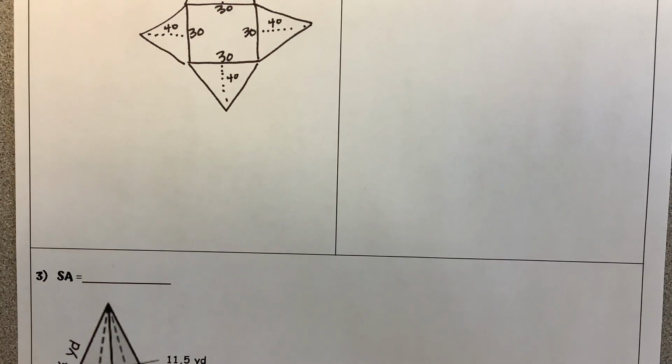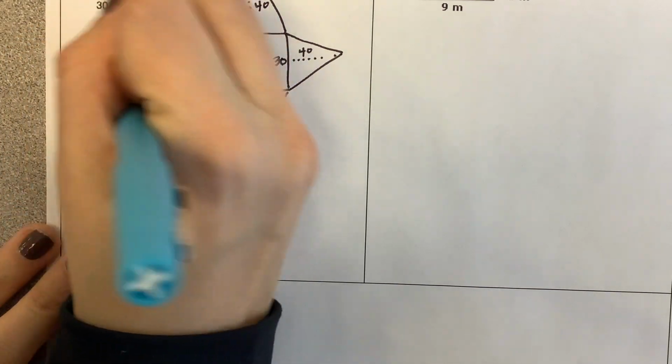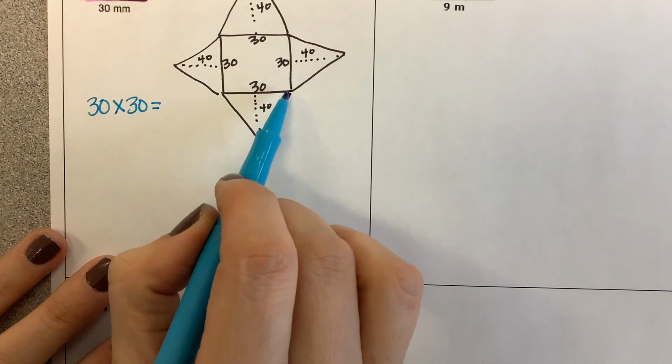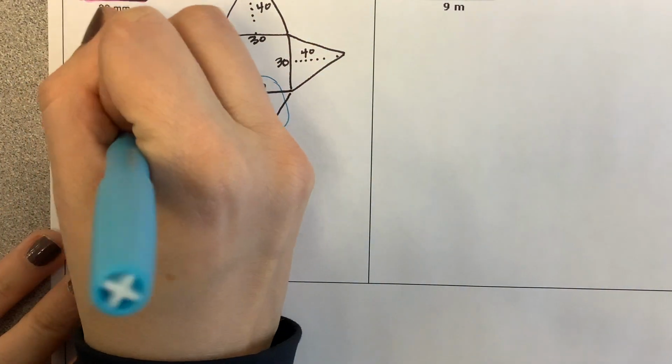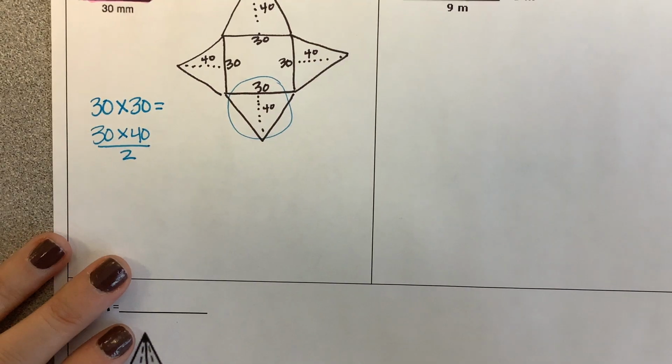So when I am calculating my surface area, first I'm doing my base, which is just 30 times 30, okay? Then we're doing our lateral side. If I think of one of them, it has a base of 30 times a height of 40 divided by 2, which would give us one of those triangles.